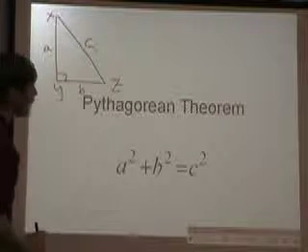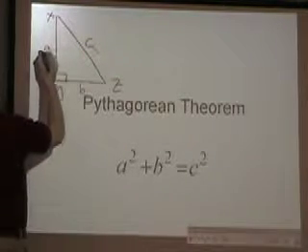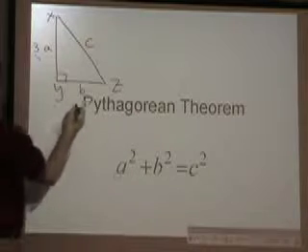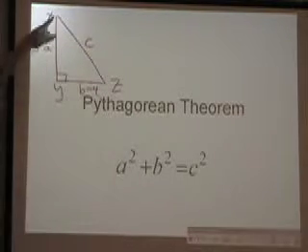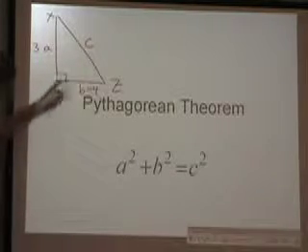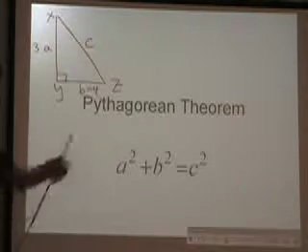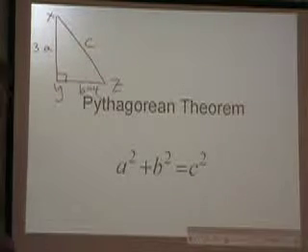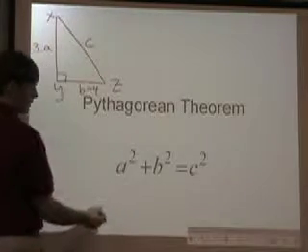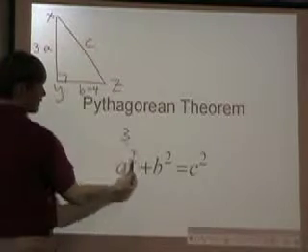Okay? So what this formula is saying is if A is 3 and B equals 4, well, what's C? So let's say we know A is 3 feet, B is 4 feet, and we want to know C, but we don't have a measuring stick. Okay? Well, the way you do it, you plug in the formula. What's A? 3 squared. So then you square it.